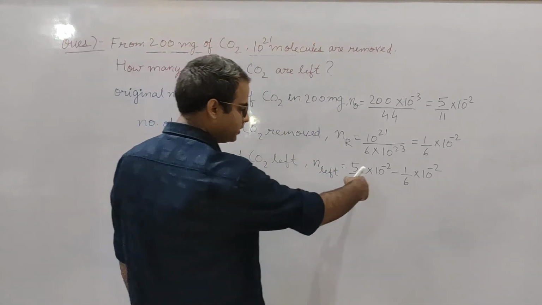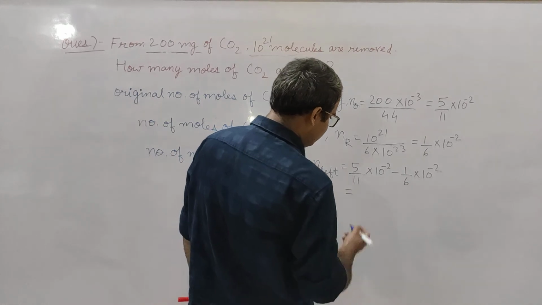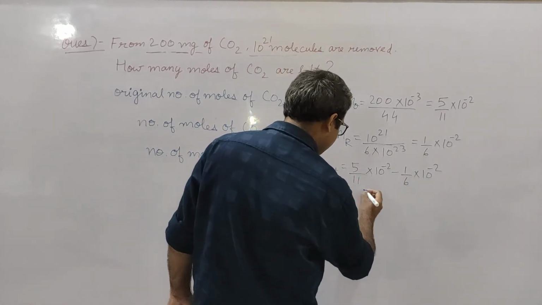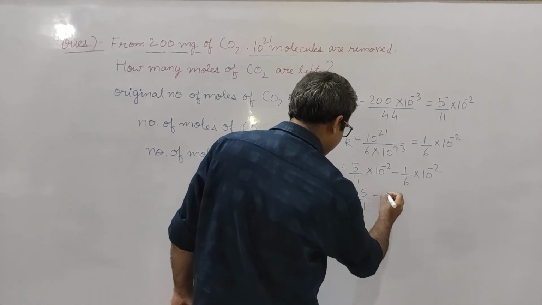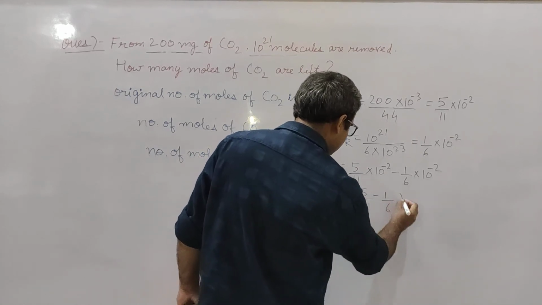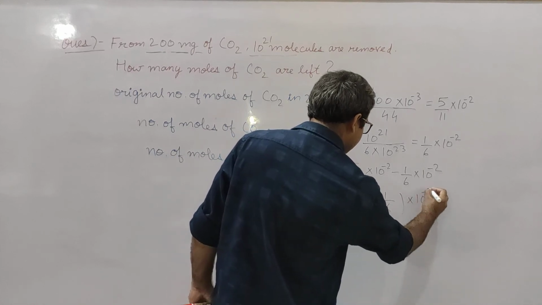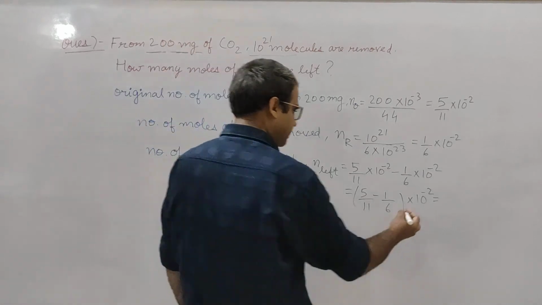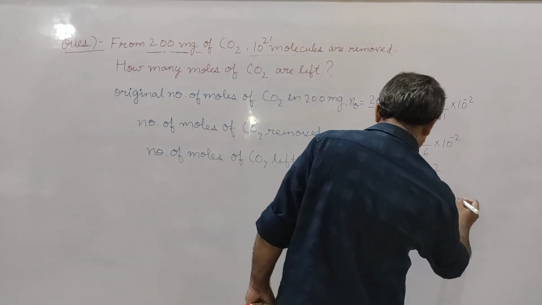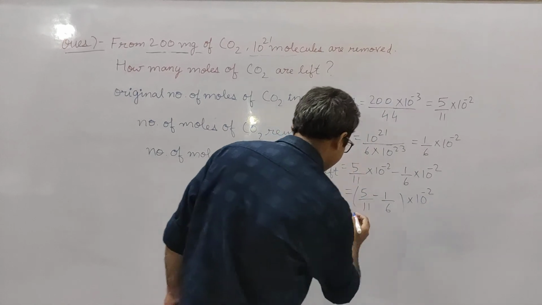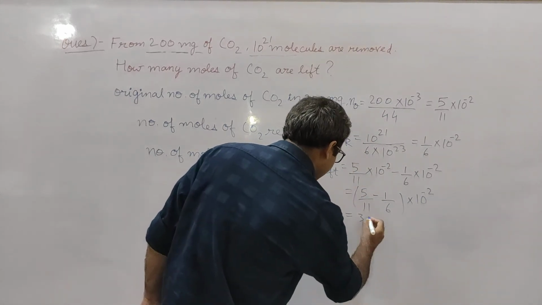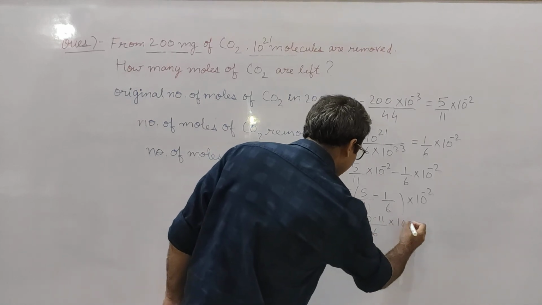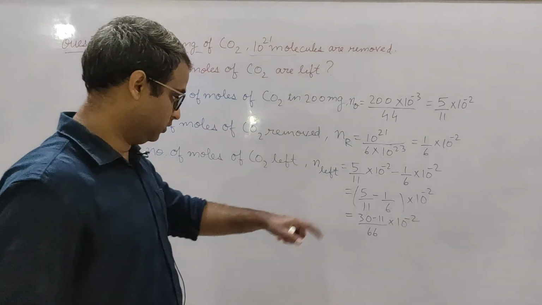If you calculate this, take 10 to the power minus 2 common. This will be 5 upon 11 minus 1 by 6, into 10 to the power minus 2. Then take the LCM. This will be 30 minus 11 upon 66 into 10 to the power minus 2. So solve this.